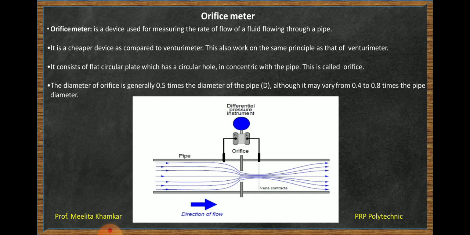There is a plate which is fitted into the pipe, and it consists of a circular hole which is concentric to the pipe. This hole is called an orifice. This orifice diameter is generally 0.5 times the diameter of the main pipe, although it may vary from 0.4 to 0.8 times the diameter of the pipe.